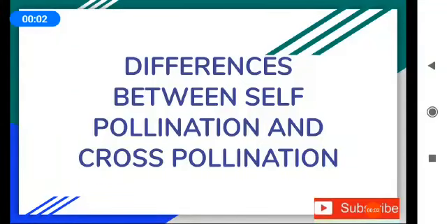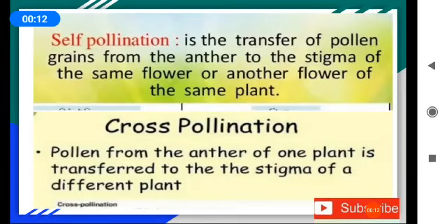Next, we are going to see the differences between self-pollination and cross-pollination. Self-pollination is the transfer of pollen grains from the anther to the stigma of the same flower or another flower of the same plant. So self-pollination takes place in bisexual flowers in the same plant.